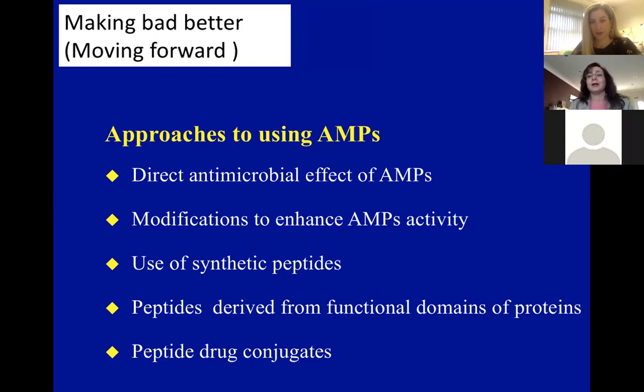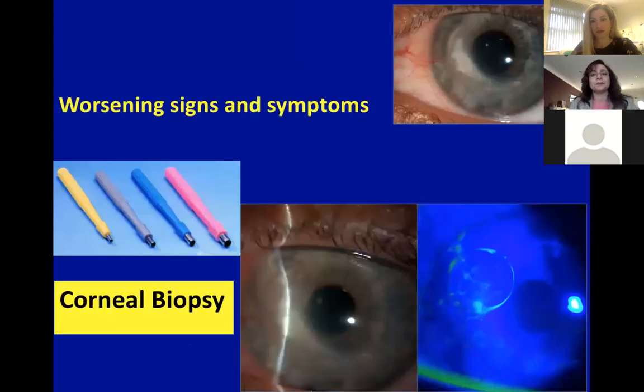So it's still in the process of development and not there yet, but it can be the answer for multiple microbial infections as well as antibiotic resistance.